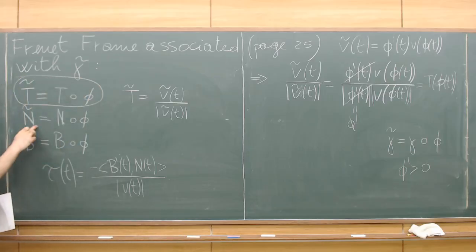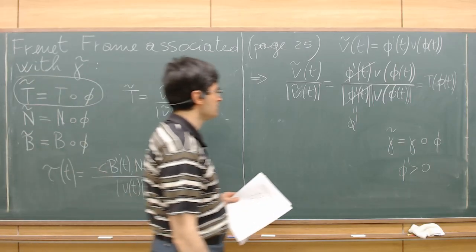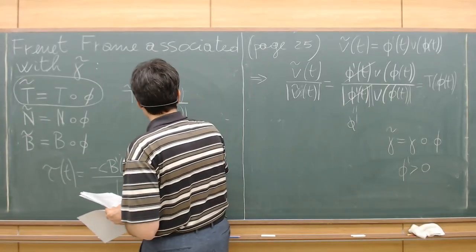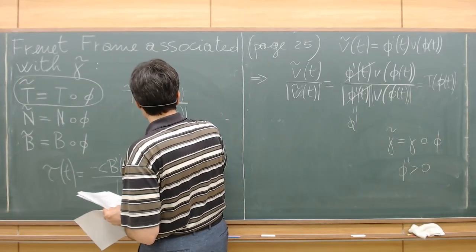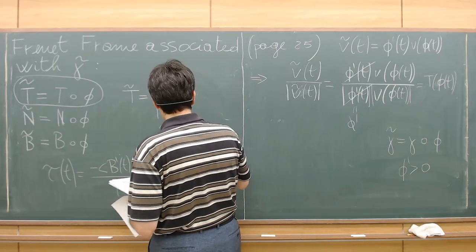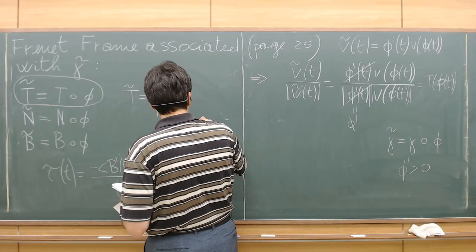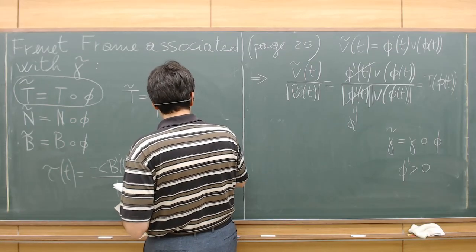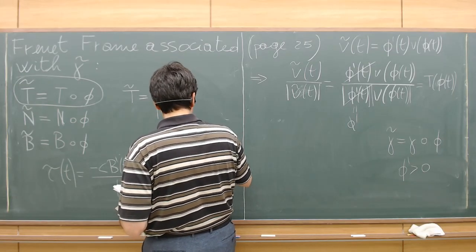What about the second one? The definition of N tilde says that this is equal to A tilde orthogonal of t divided by the length of A tilde orthogonal of t.